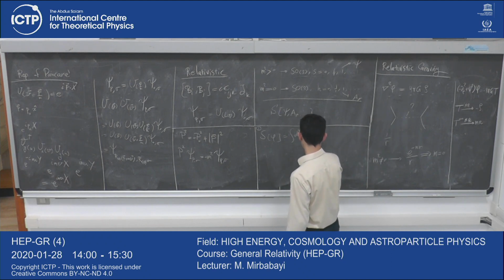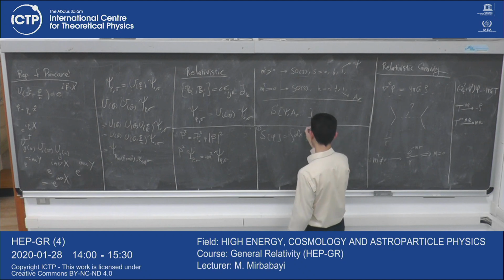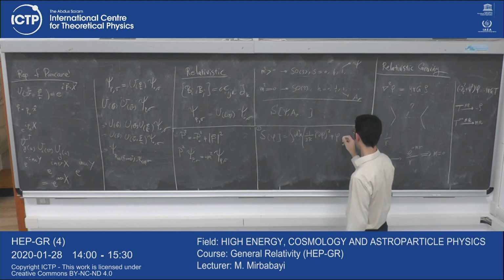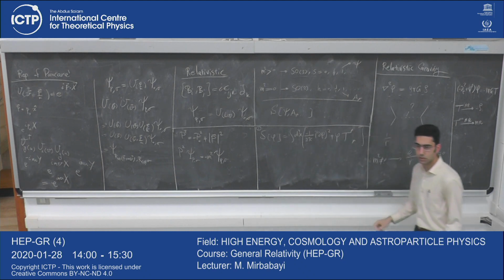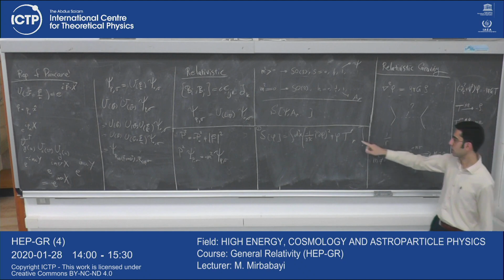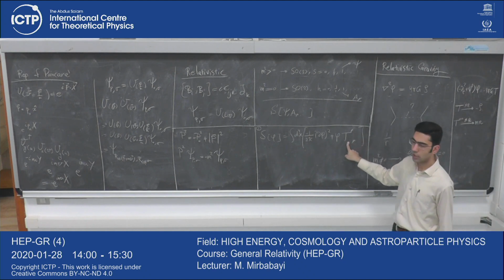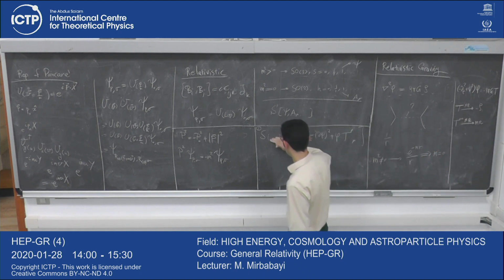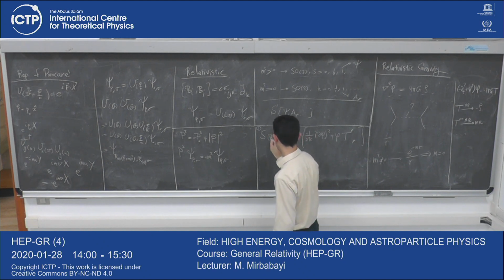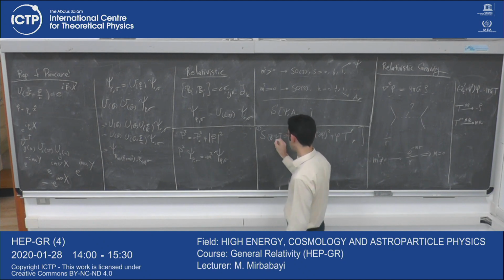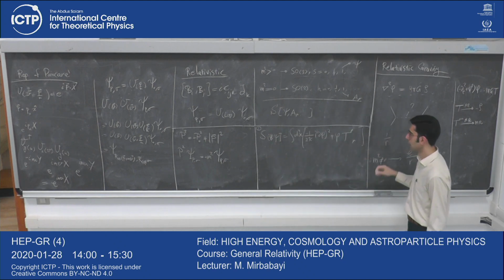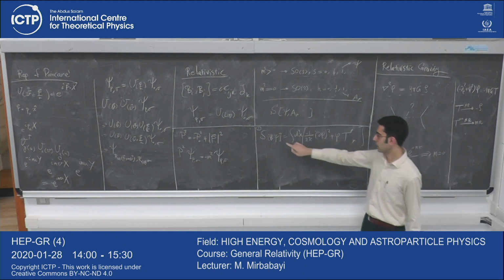So I can write an action for it: minus 1 over 2 kappa (d phi) squared plus phi times T mu, the trace of the stress energy tensor. And this T mu depends on the other fields that exist in my theory. So here it should really be phi and other fields. Let's just collectively call them psi. So this T mu is the energy momentum tensor of those other fields.